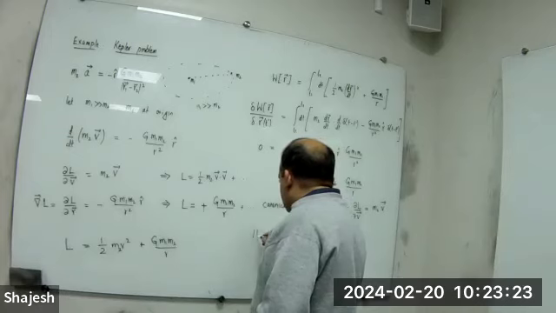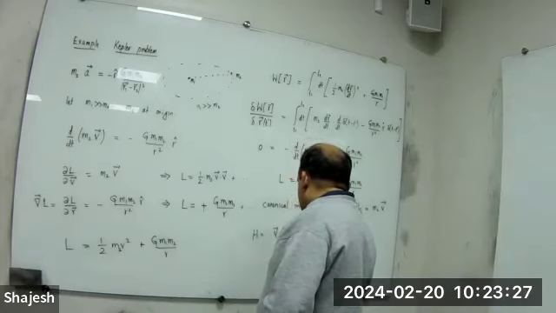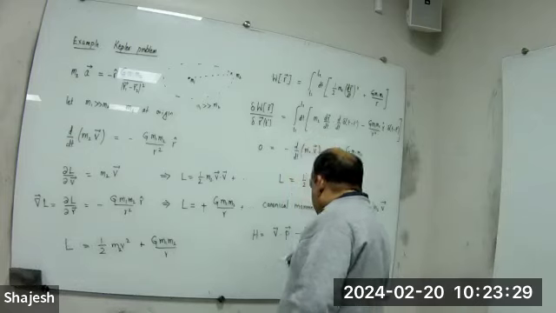The Hamiltonian will be v dotted with p minus the Lagrangian.